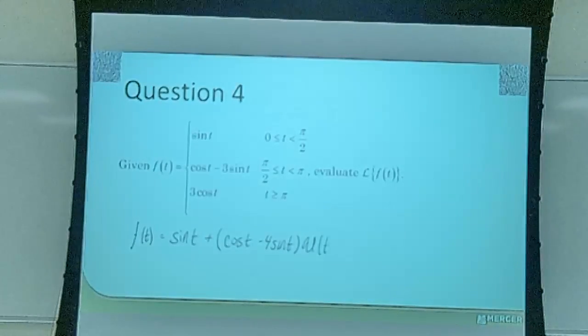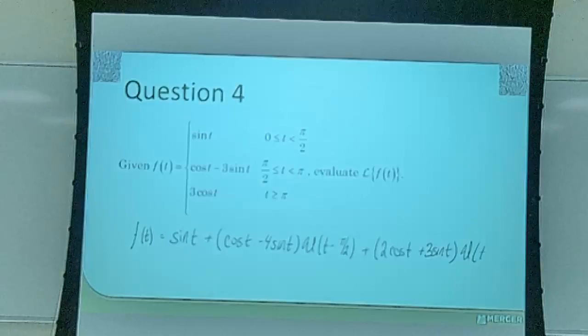Times u of t minus pi over 2. Plus, now it's that last function, and then from it subtract second. And then that should be u of t minus pi.